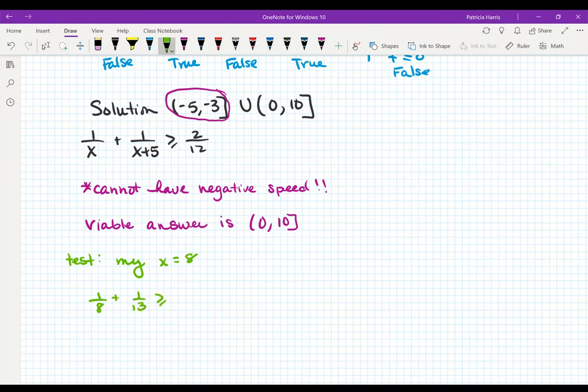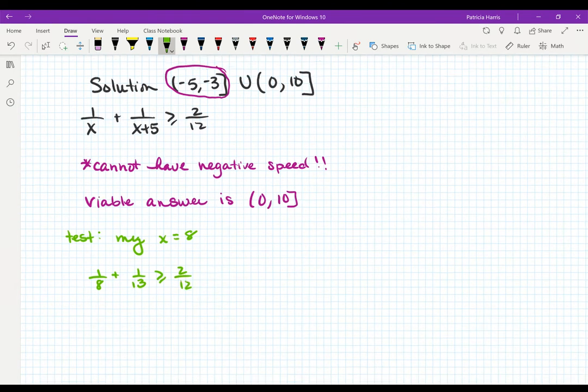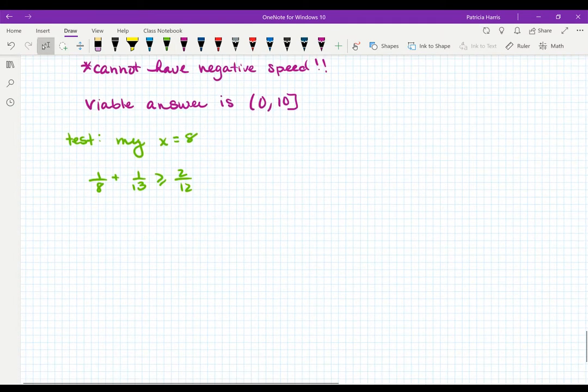I want to make sure that that is greater than 2 over 12. I'm checking. So I'm going to get out my handy dandy calculator and add 1/8 plus 1/13, and I'm going to get 21 over 104.